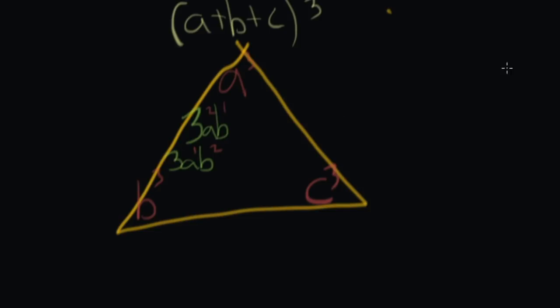And then on the other side, you get 3ac and another 3ac, and let's put some exponents on these. For this a, let's do 1 and 2, and here we do 2 and 1.